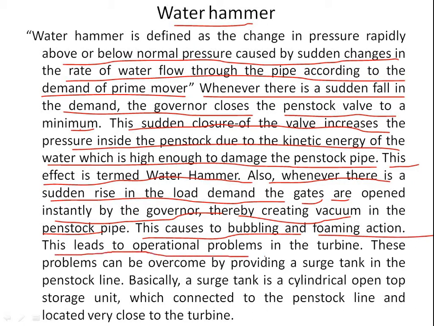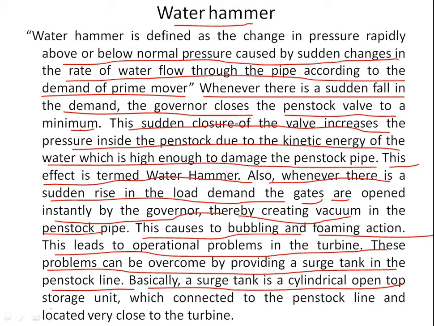This leads to operational problems in the turbine. These problems can be overcome by providing a surge tank in the penstock line. Basically, a surge tank is a cylindrical open top storage unit which is connected to the penstock line and located very close to the turbine.